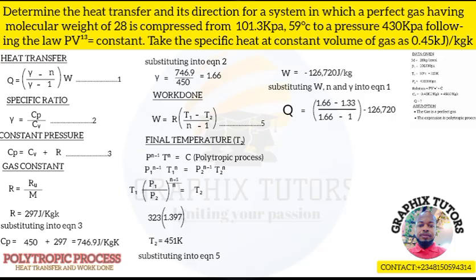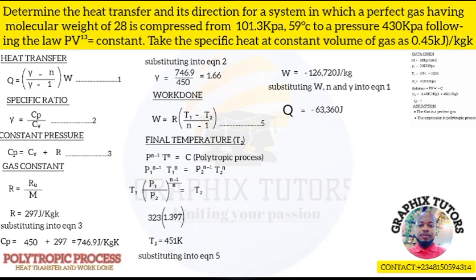When you subtract 1.66 minus 1.33, you have 0.33, and when you subtract 1.66 minus 1, you have 0.66. So 0.33 divided by 0.66 is 0.5. Then multiply by minus 126,720, and that will give us minus 63,360 joules. If you divide by 1000, you have minus 63.4 kilojoule. So this is the heat transfer in the polytropic process.